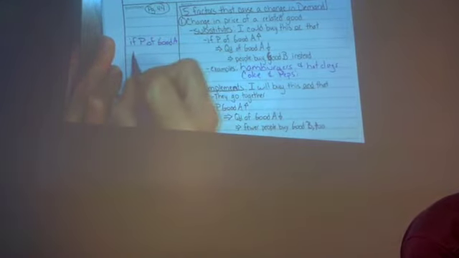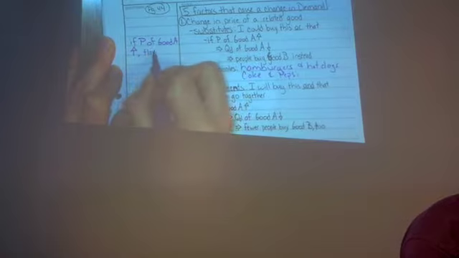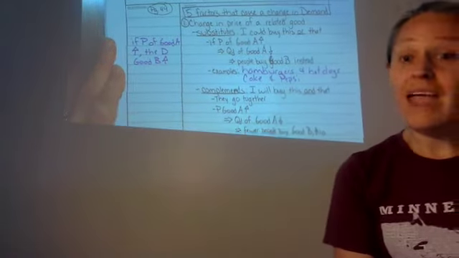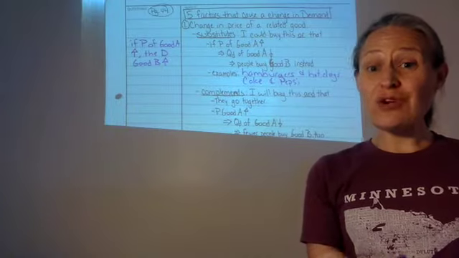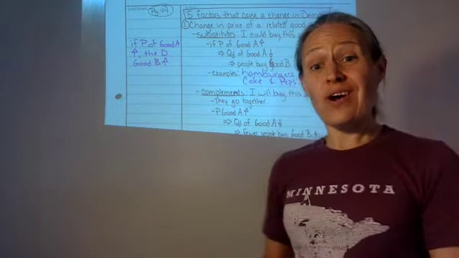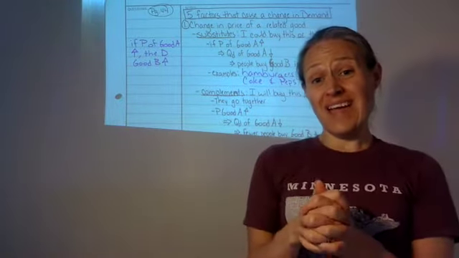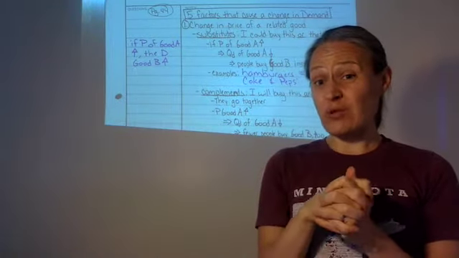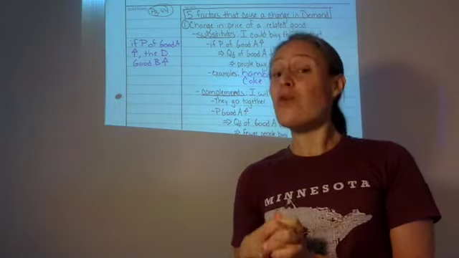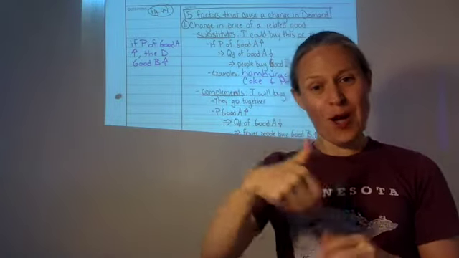If the price of good A goes up, then demand for good B goes up. And the opposite is true as well. If the price of good A goes down, demand for good B goes down. For example, what if I had walked in that day and instead of the Pepsi being $1.50, they had lowered the price to $1? I bet my demand for that Diet Pepsi would have gone up.